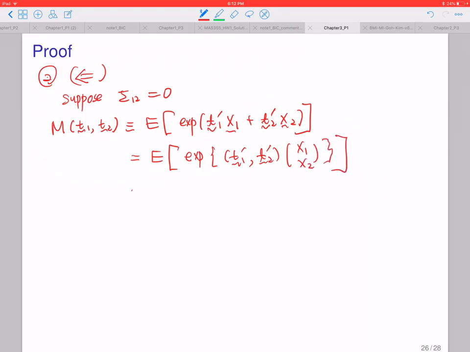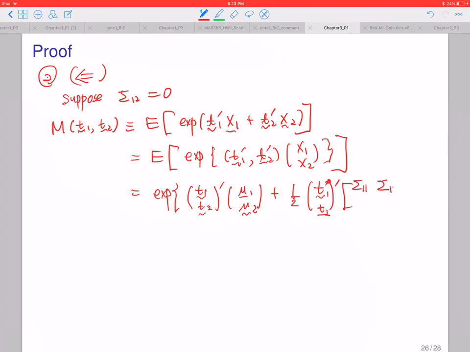We already know the form of the MGF for the multivariate normal distribution, which is exponential of T1 prime, T2 prime times mu1, mu2, plus half T1 prime, T2 prime times the matrix sigma 1 1, sigma 1 2, sigma 2 2, symmetric, times T1, T2.